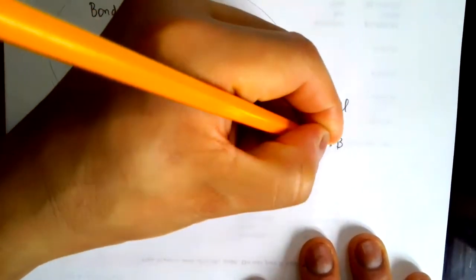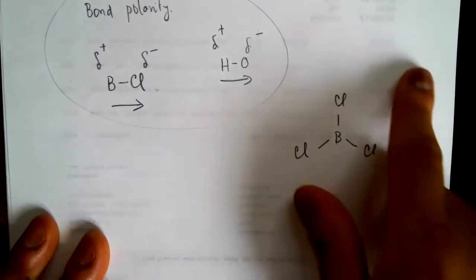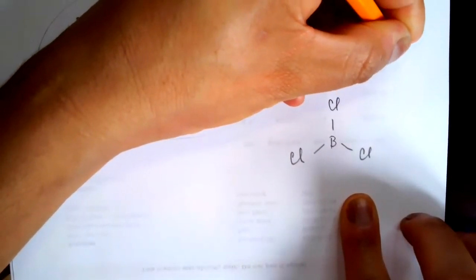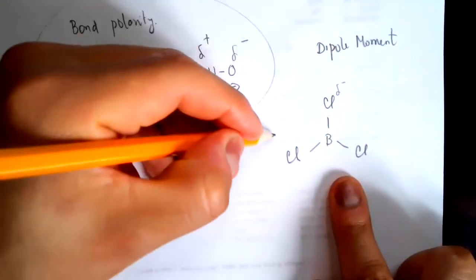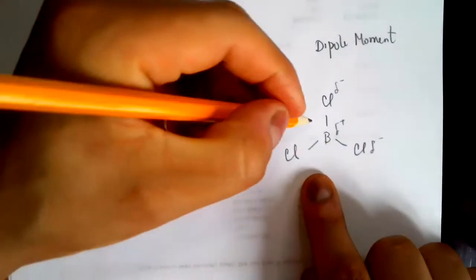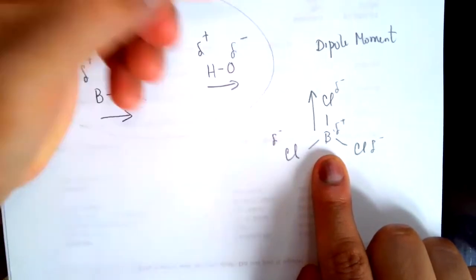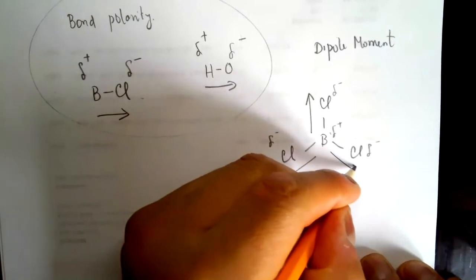What happens if I have BCl3, which is a molecule? Here, what I have to take into account is every single bond. This is the difference between bond polarity and dipole moment. I have to take an average of everything. So in this case, delta minus, delta minus, delta minus, delta plus, right? How are the electrical fields? From delta plus to delta minus, one pole here. From delta plus to delta minus, one pole. Then from delta plus to delta minus.